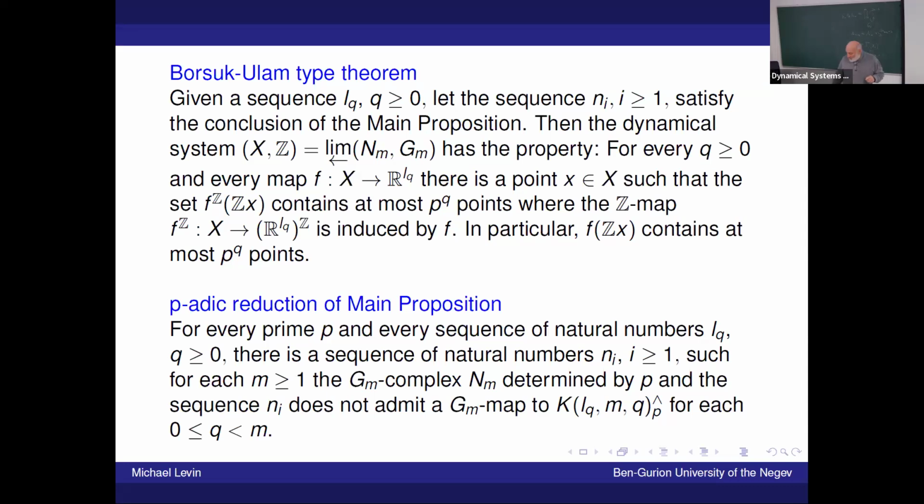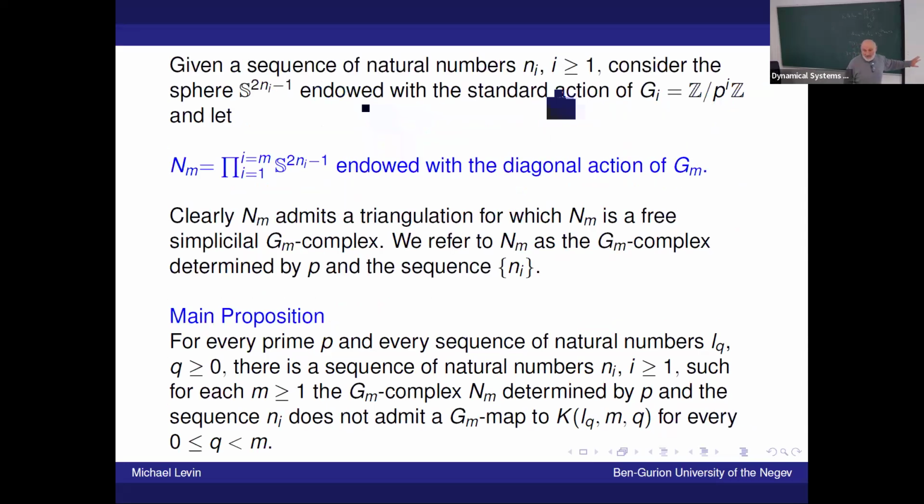Now, what I want to say is that the heart of the business is here in the main proposition. There are a lot of versions of the Borsuk-Ulam theorem, and a lot of techniques are used to prove more advanced, even very advanced, versions, like K-theory, and actually every year there is something new.